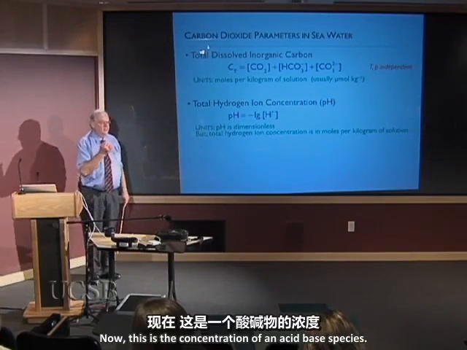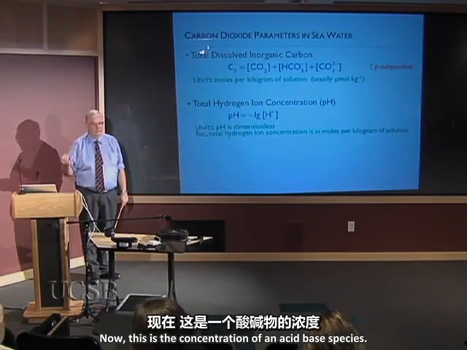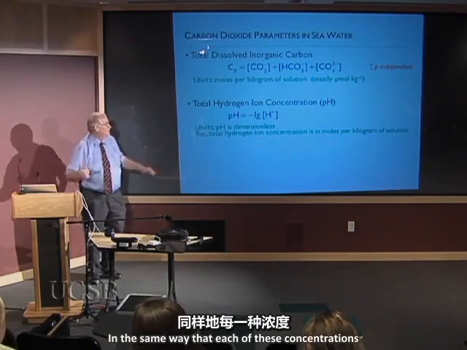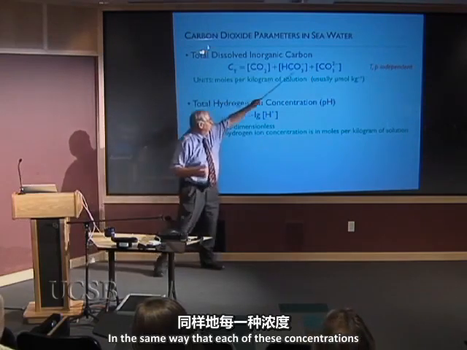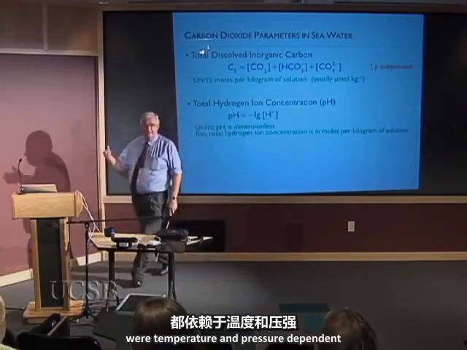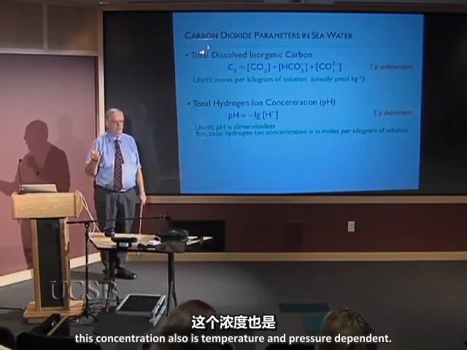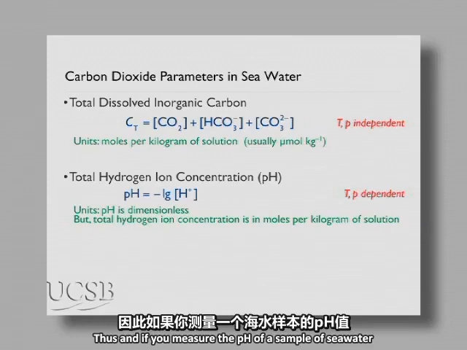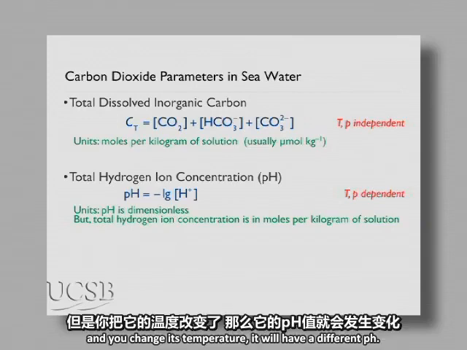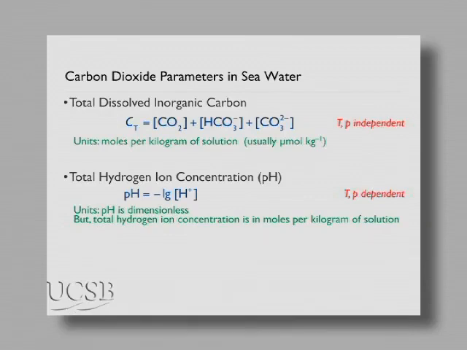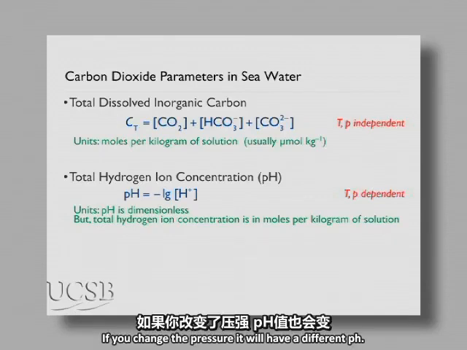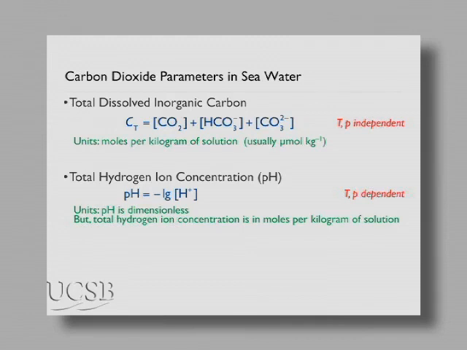Now, this is the concentration of an acid-base species. In the same way that each of these concentrations were temperature and pressure dependent, this concentration also is temperature and pressure dependent. Thus, if you measure the pH of a sample of seawater and you change its temperature, it will have a different pH. If you change the pressure, it will have a different pH.